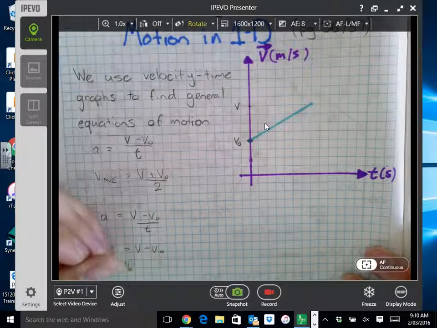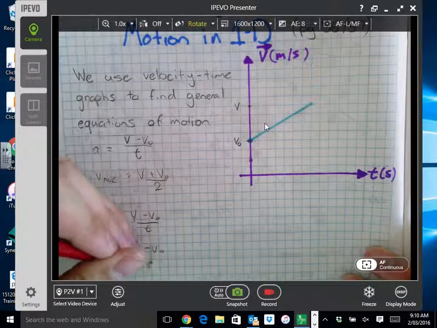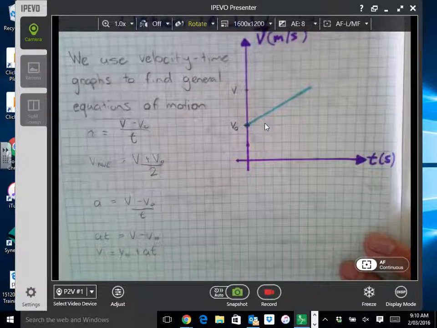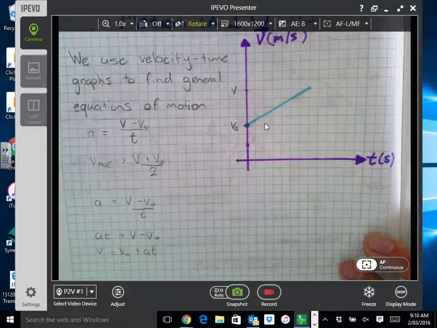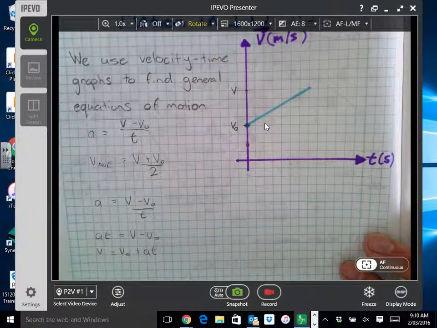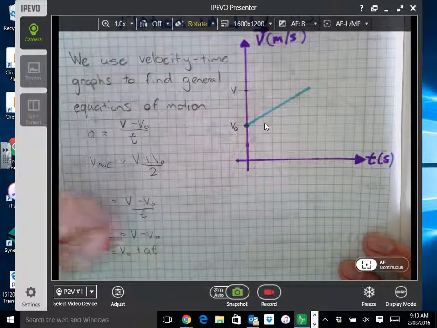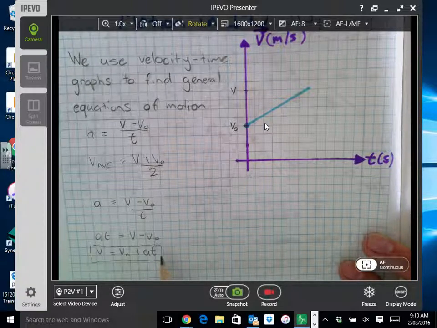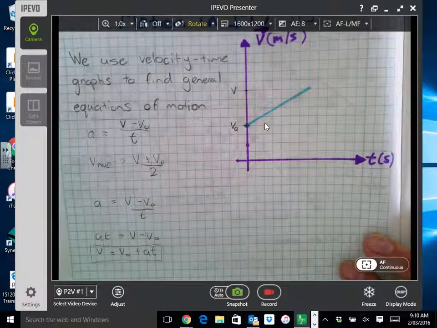They're still vectors, but what we've been doing is if we had vectors in one dimension, we've been using positive signs for one direction and negative signs for the opposite direction. Okay, so that's our first equation. Final velocity equals initial velocity plus acceleration times time. Okay, so that's equation number 1.